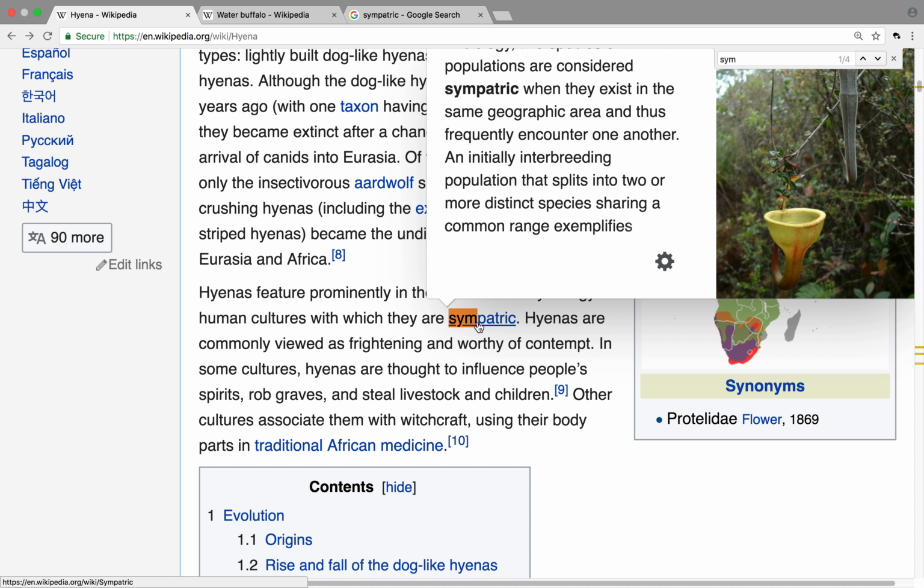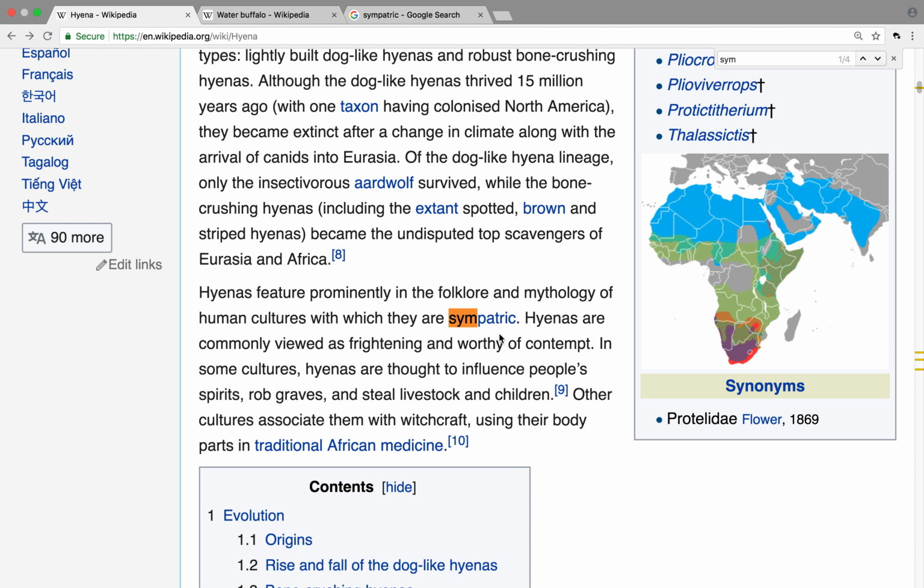What's that mean? That means that they live in the same geographic area, so their areas overlap. Okay, so hyenas are commonly viewed as frightening and worthy of contempt in some cultures. Hyenas are thought to influence people's spirits, rob graves, steal livestock and children.